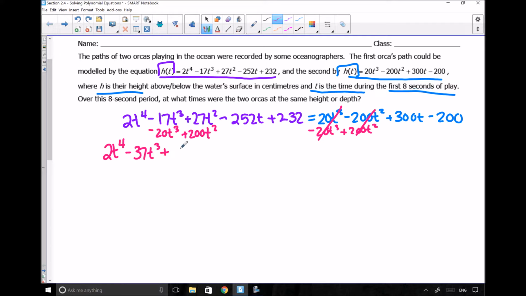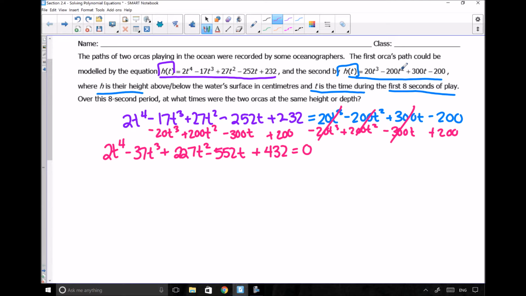So this ends up being 227t squared, okay? And then I'm going to subtract this 300t from both sides. These t's cancel. Right here, this becomes negative 552t.